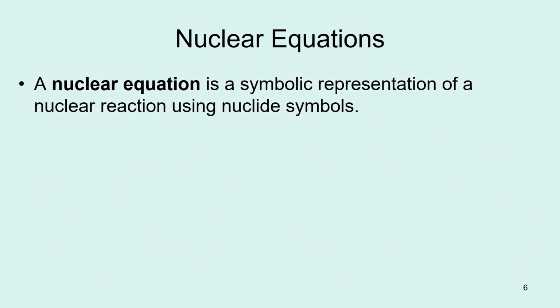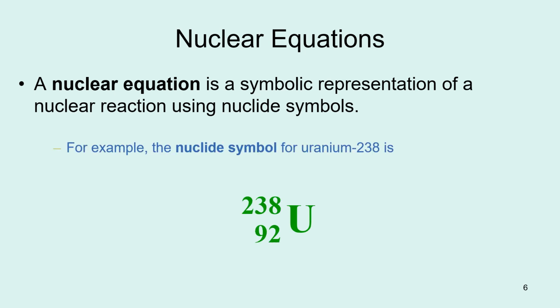All right, a nuclear equation now. What's happening with nuclear reactions is that protons and neutrons are changing, and so we have to represent that. A nuclear equation is just a symbolic representation of a nuclear reaction, and we use nuclide symbols. So remember what a nuclide symbol is. This is uranium-238.